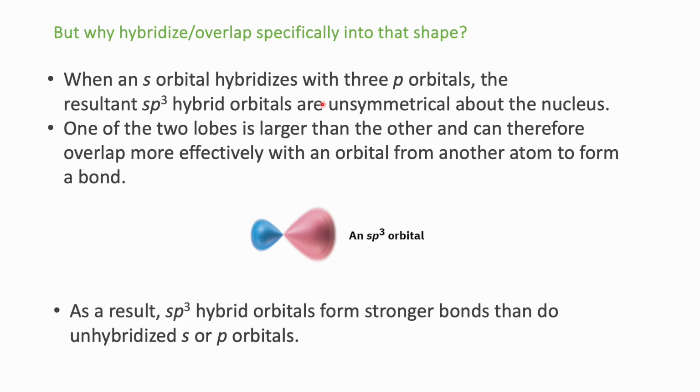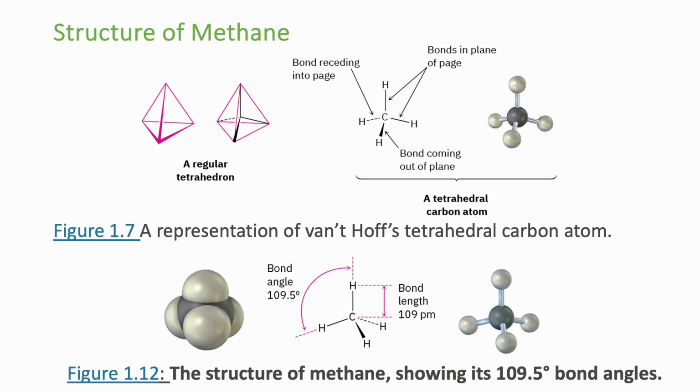But why specifically into that shape? I actually kind of just talked about that. It's unsymmetrical, but this lets them overlap more effectively, gives the electrons their space, and as a result you get stronger bonds in comparison to just unhybridized s or p orbitals overlapping.